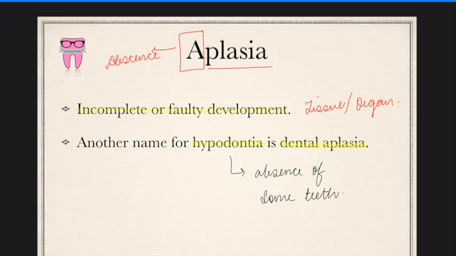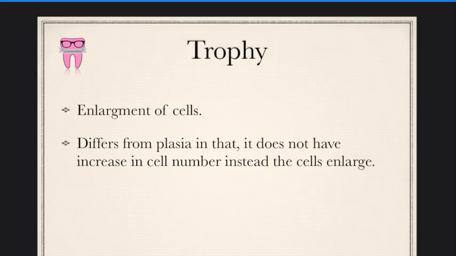Coming to the next term which we are going to study today, trophy. Trophy means enlargement of cells. It differs from plasia in that it does not have an increase in the number, instead the cells enlarge.